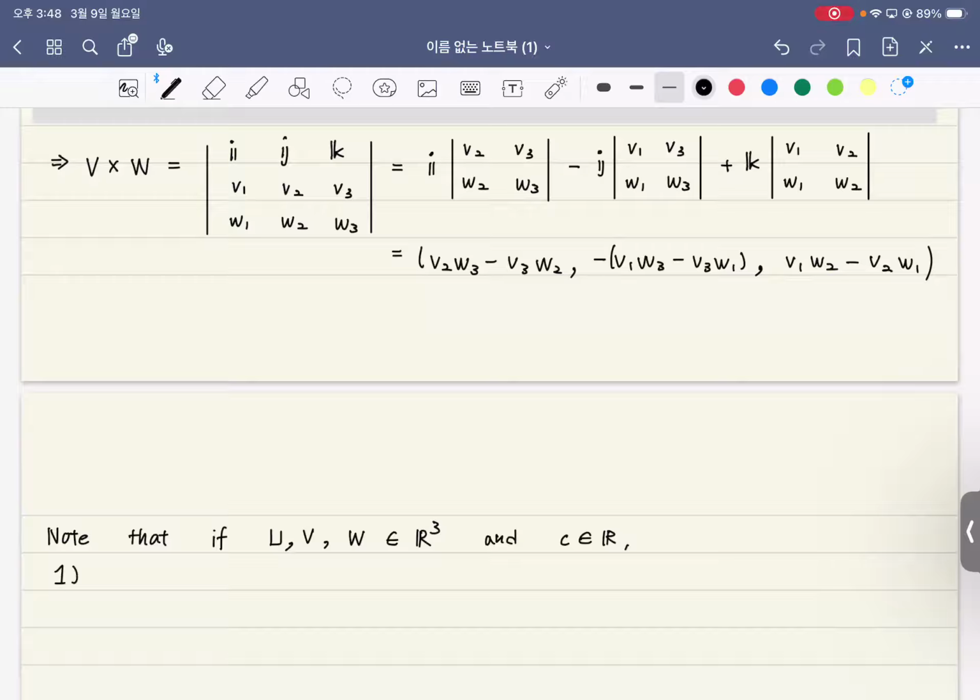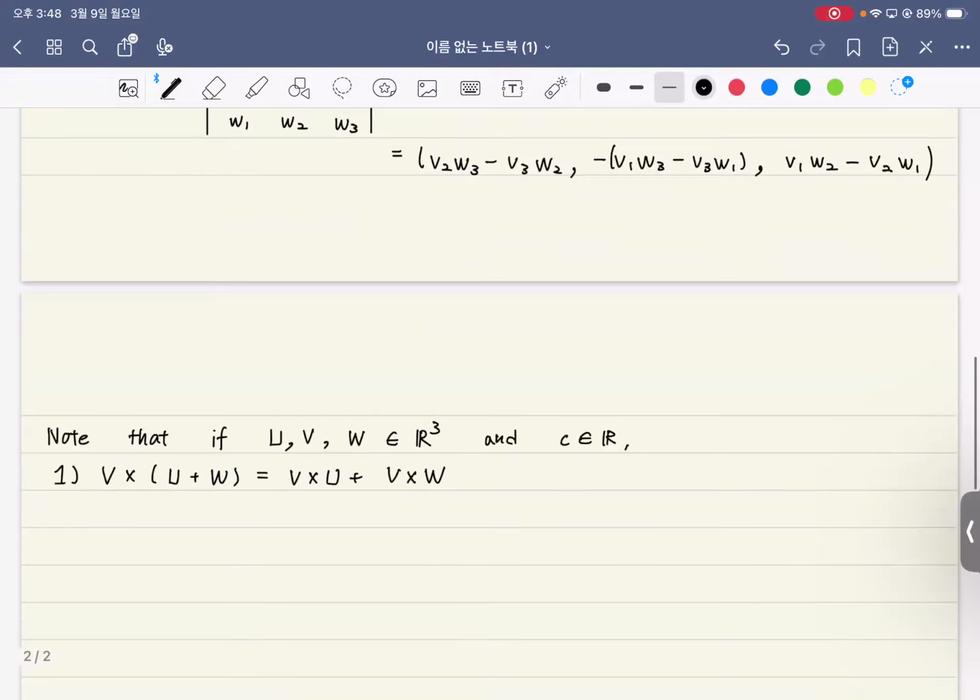Then this cross product is also respecting the distribution law, which I will not prove, but this is considered somehow obvious.